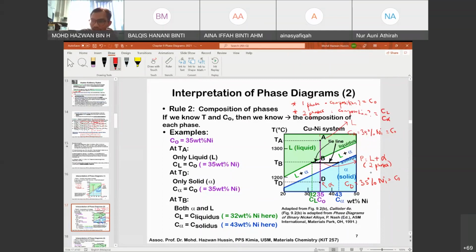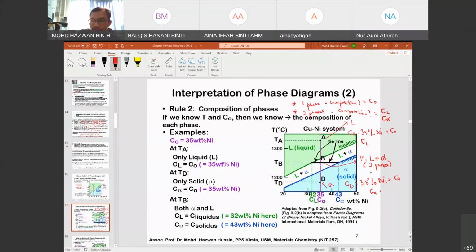Over here, when we report point A, the composition is equal to 35, and this is actually C liquid because it is totally 100% liquid. At point D, this is C alpha because it is 100% solid. Meanwhile, at point B, you will have to report both the composition of liquid and alpha.